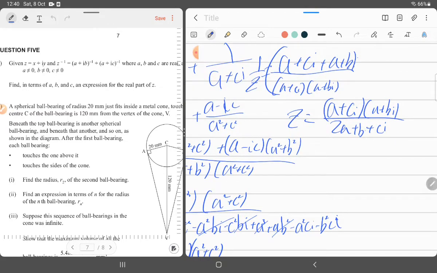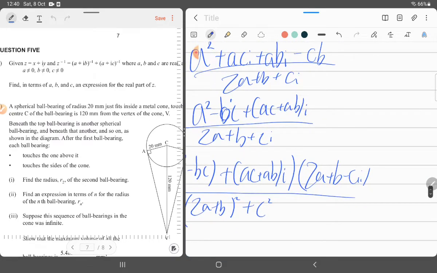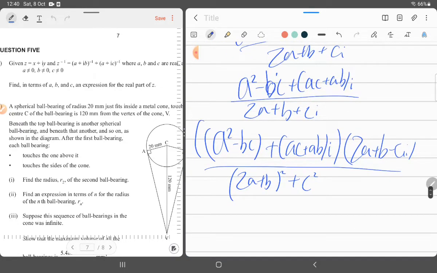Wait, I missed a B here. I missed an I here. I hate this.